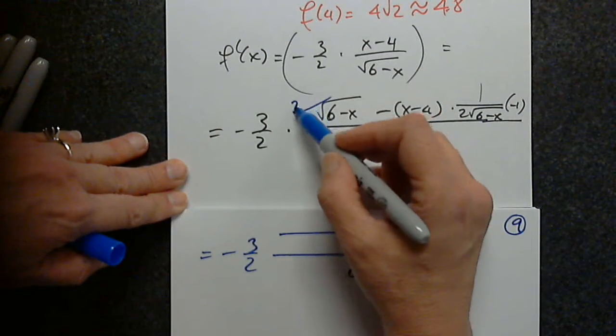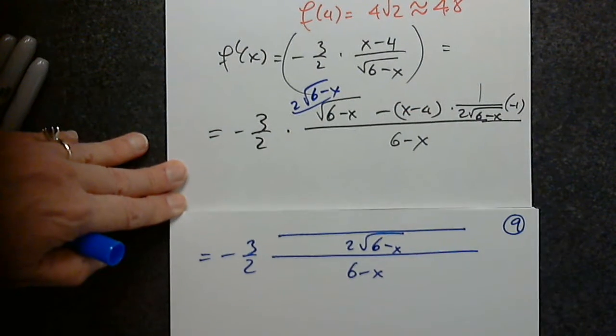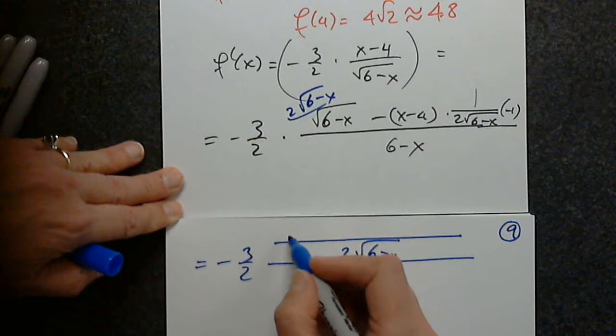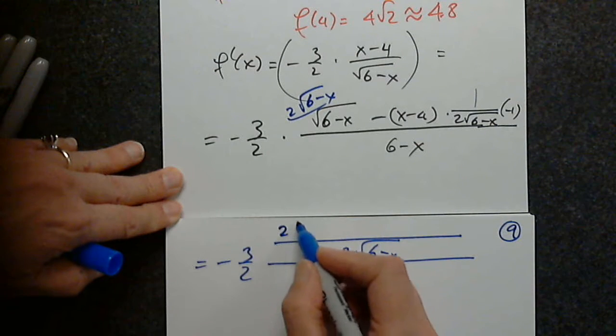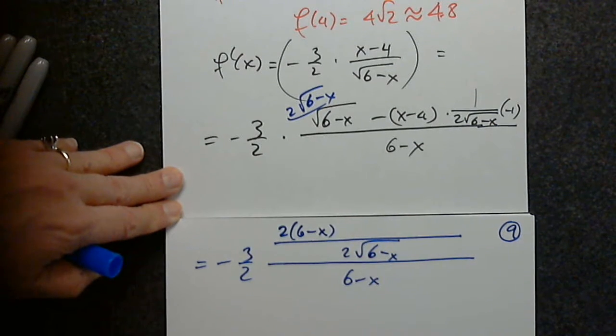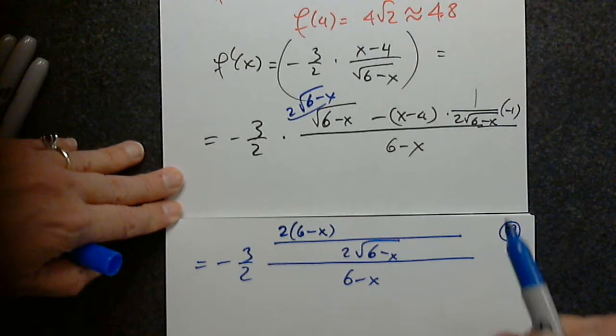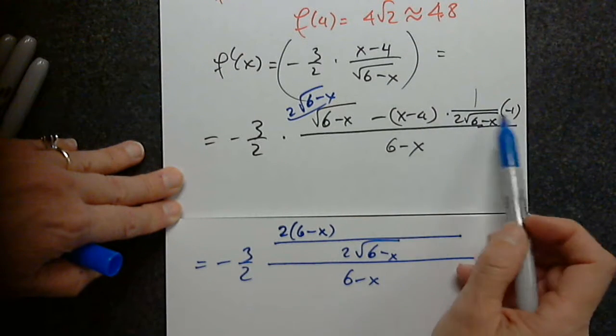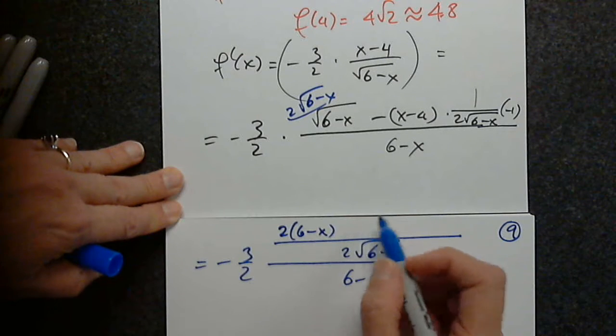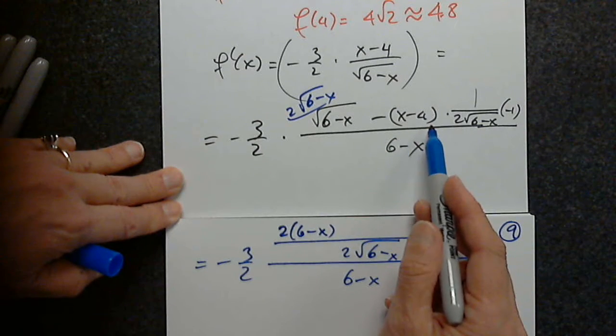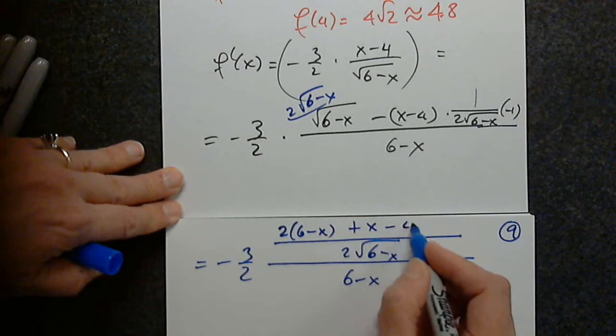This one still needs a 2 times the square root of 6 minus x. I will have again 2 multiplied by 6 minus x. And then this multiplied by negative 1, so this is negative x plus 4, but it becomes positive x minus 4.